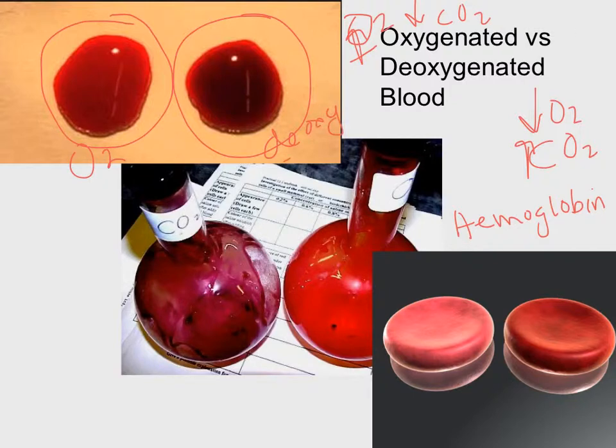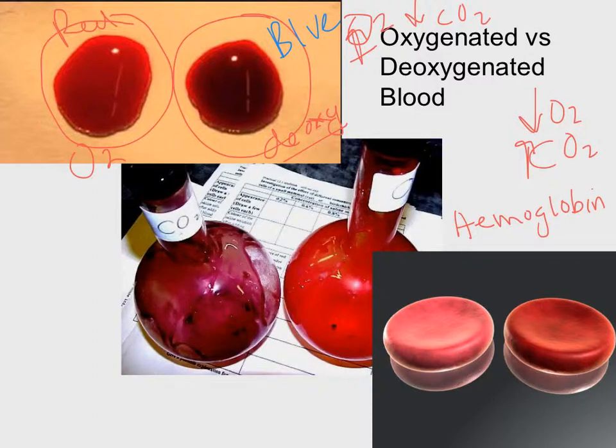This is blood that has already dumped off its oxygen in the cells, and it's a little more maroon color. So a lot of times when we teach about this, we show oxygenated blood as red, and we show deoxygenated blood as blue. Even though it is not blue, it is a little bit of a different color, and so you might want to keep that in mind.